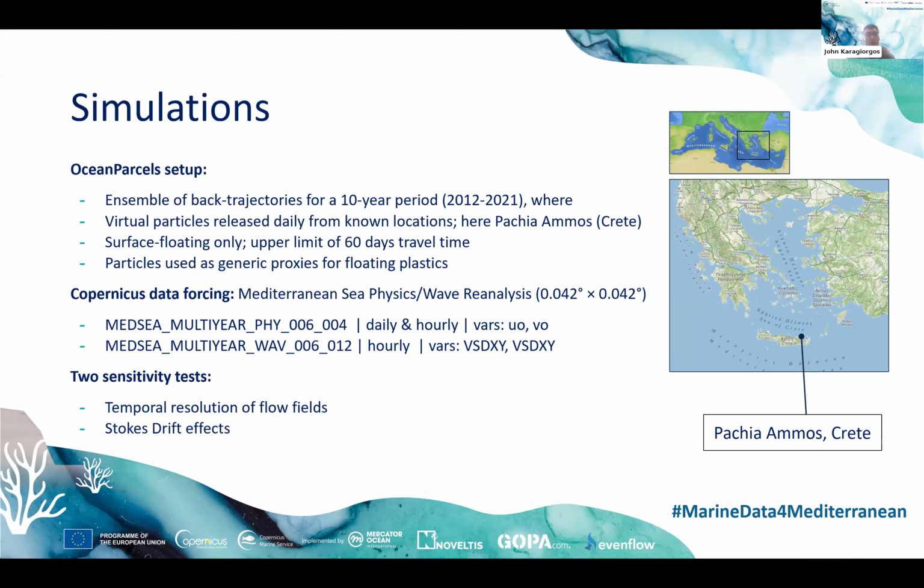For this presentation, we performed two sensitivity tests closely related with the availability of Copernicus data. The first one related with the temporal resolution of ocean data forcing, and the second one related with the influence of Stokes drift in the simulated trajectories and particle dispersion.